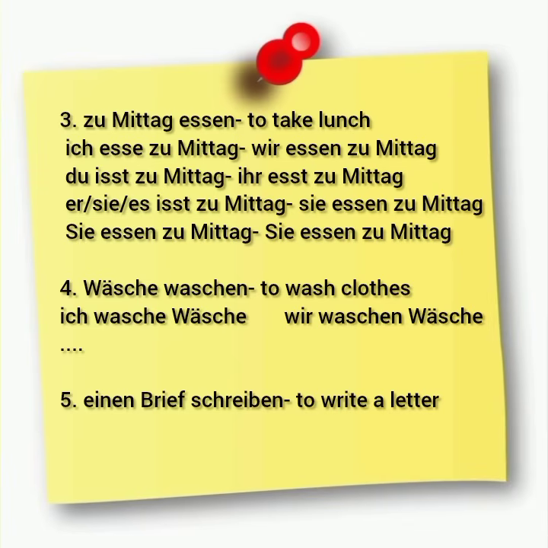Es wäscht Wäsche. Sie waschen Wäsche. Wir waschen Wäsche, as you proceed in that order. Last example is einen Brief schreiben, to write a letter. Ich schreibe einen Brief. Du schreibst einen Brief, etc. Okay? All right, then.